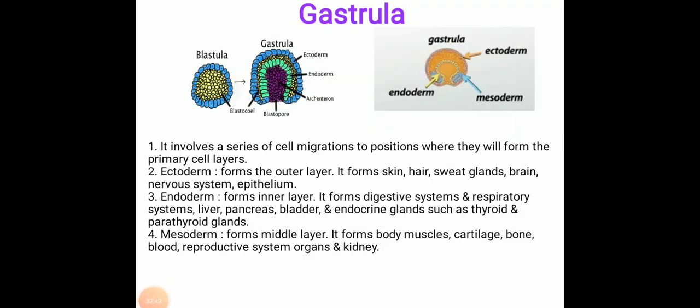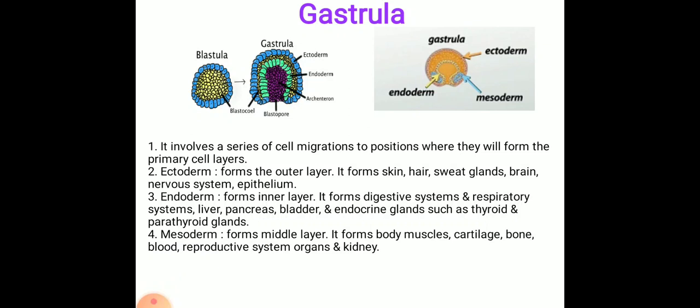So what we have studied: first the structure of the egg, because development starts from the egg. After the egg there is fertilization, the union of gametes. After fertilization there is cleavage, a rapid repeated mitotic division of the zygote. 2 cell, 4 cell, 8 cell, 16 cell, 32 cell.